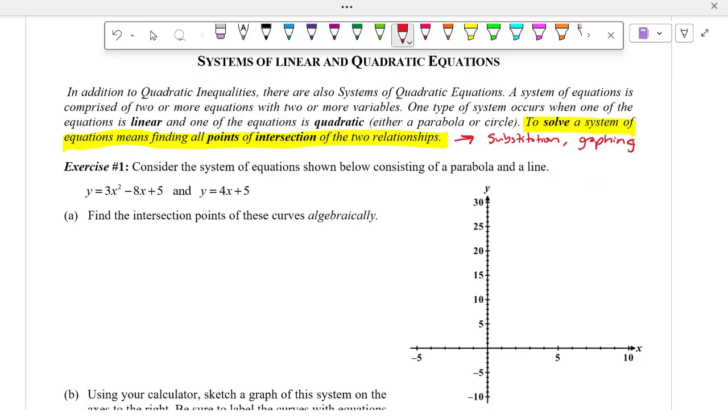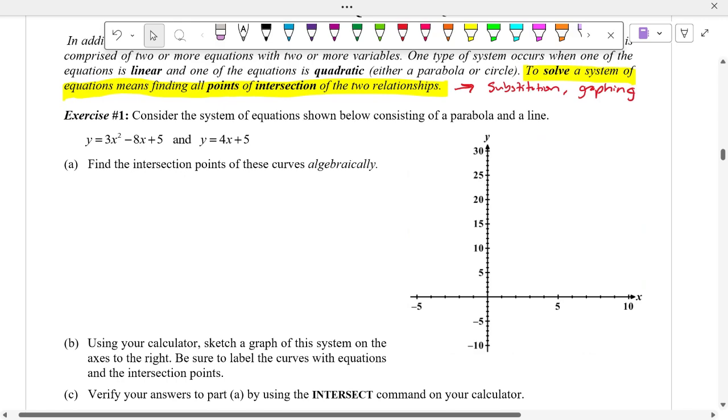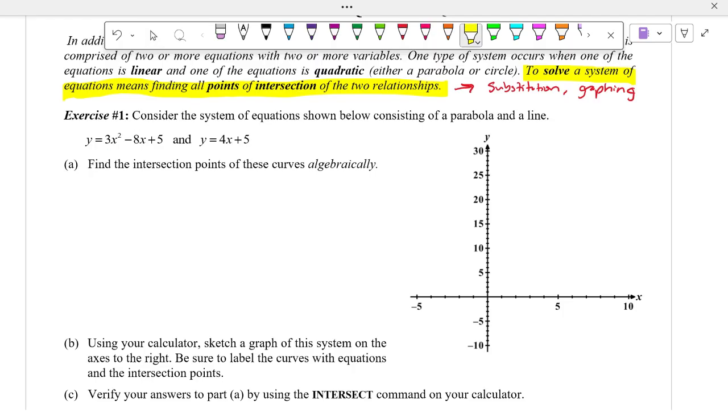All right. So we're first going to start by solving it algebraically before we graph. So here are my 2 equations.